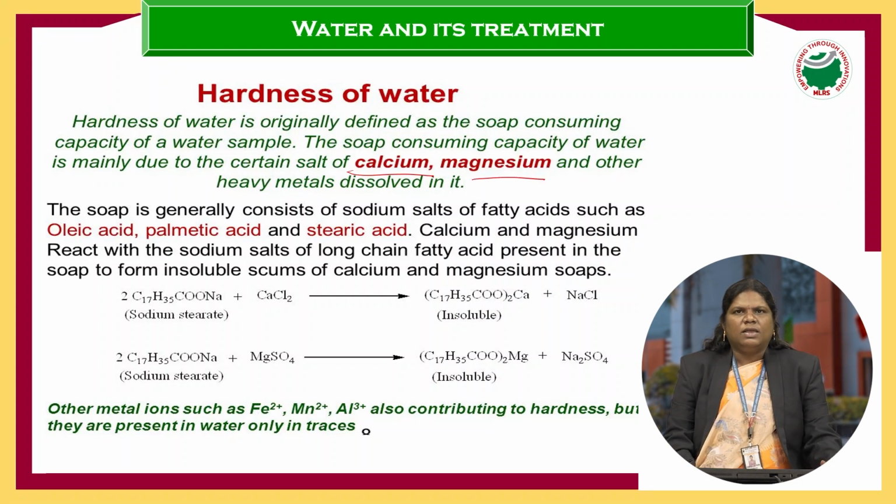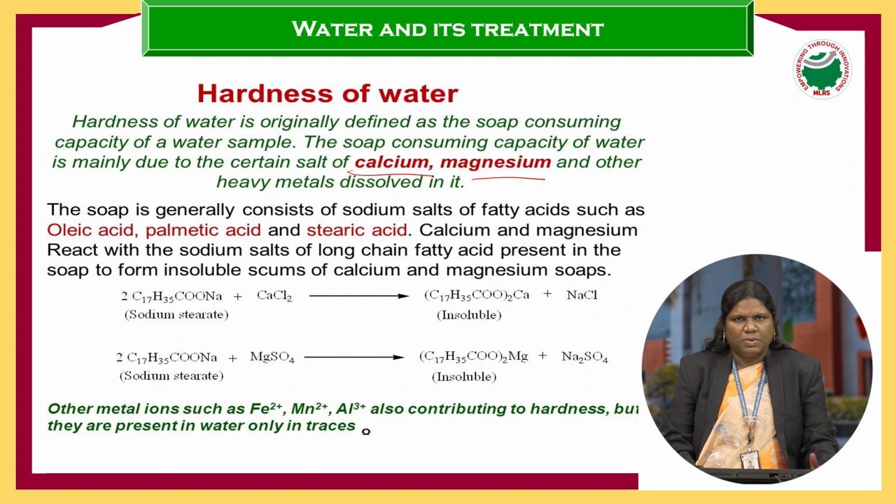For example, if we take a water sample and wash our hands with soap, and we get lather or foam, then we can say it is a soft water. If we do not get any lather or foam when we wash our hands with a certain water and soap, then the water sample is said to be hard water.